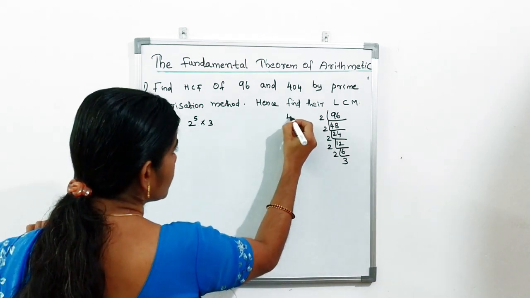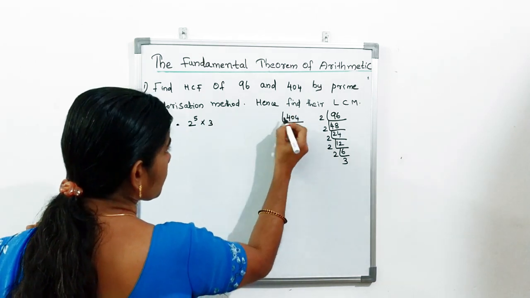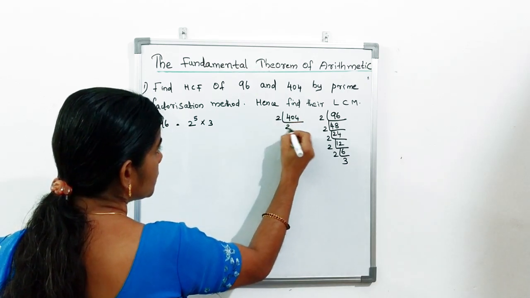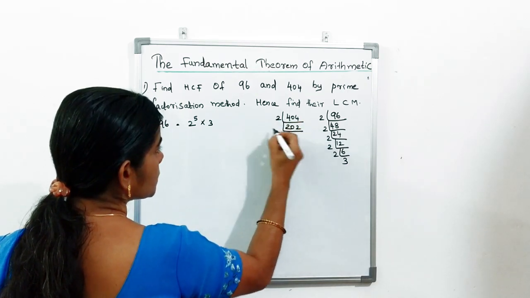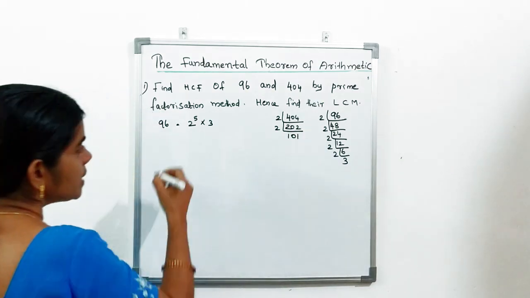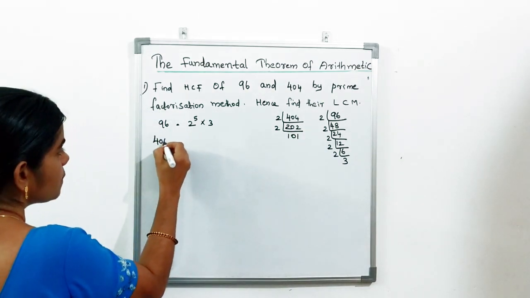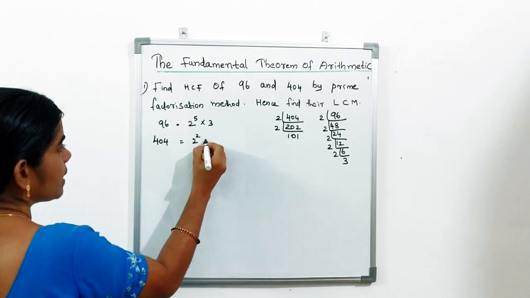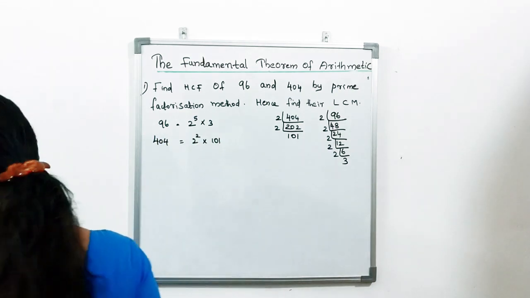Next we can find out 404. 404 is equal to 2 square into 101.